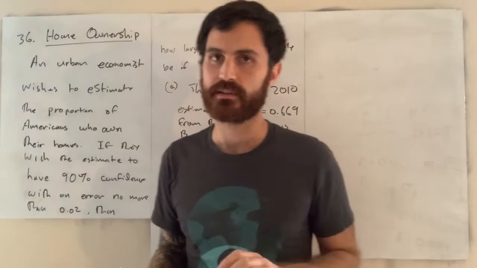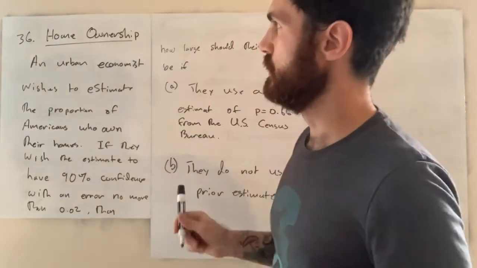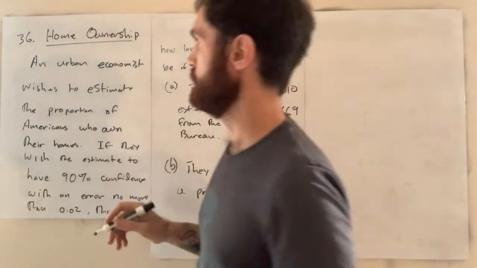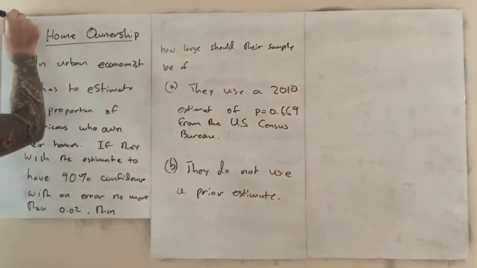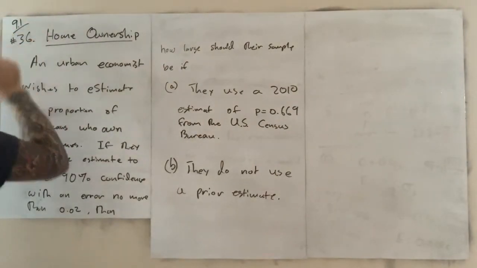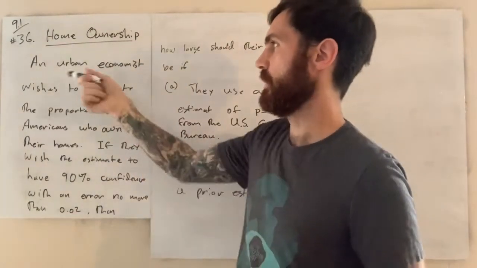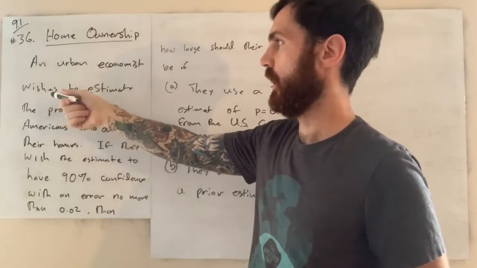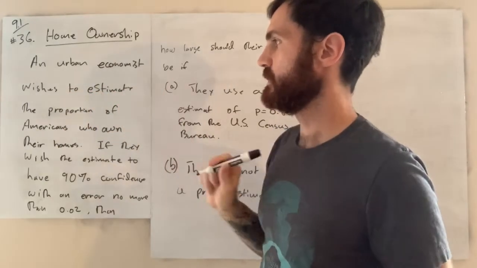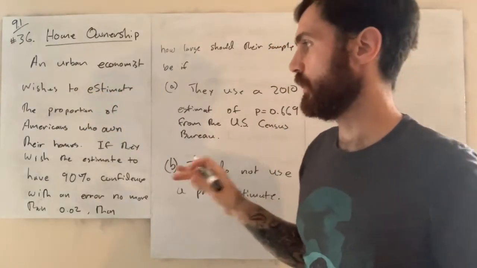All right, so the next example we have is about home ownership. This is again from 9.1, and it's number 36. So the setup is that we have an urban economist. They wish to estimate the proportion of Americans who own their homes.